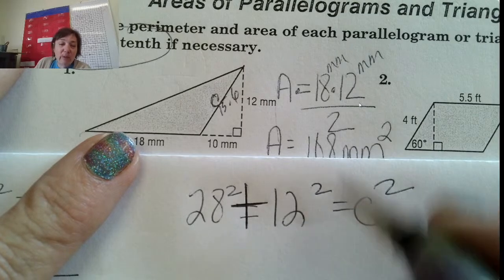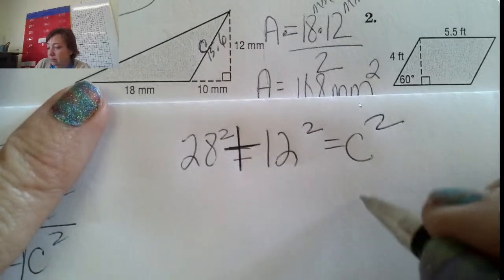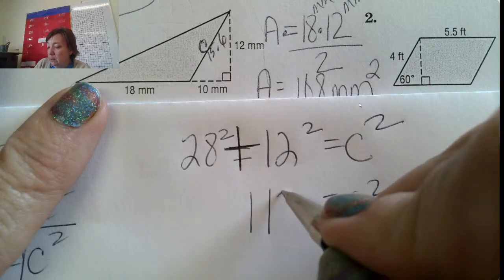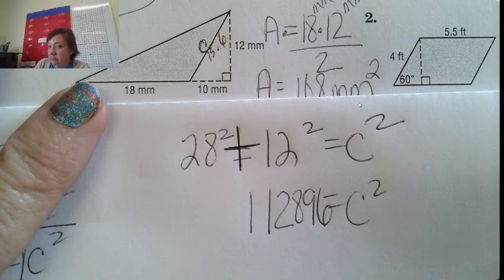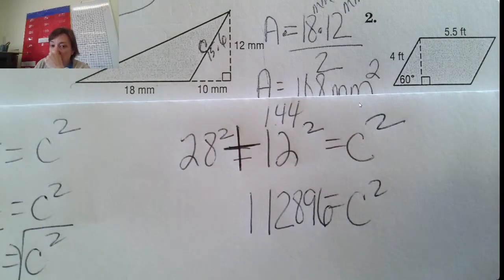Now, I don't want to have to deal with this math. So y'all just do 28 squared plus 12 squared and tell me what it is. I feel like this is not right, Jordan. Because 12 squared is just 144. 928 sounds closer.